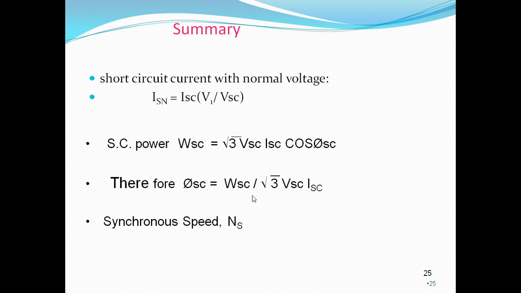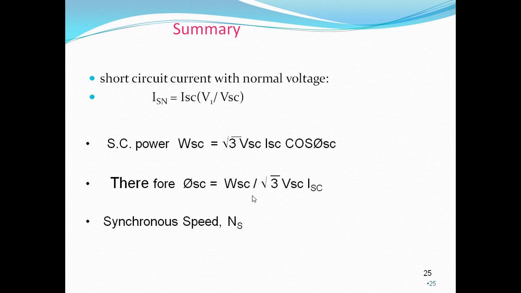If it is not at rated voltage, then we have to convert the short circuit current to the rated current using this formula: ISN is equal to IS into V1 by VSC.